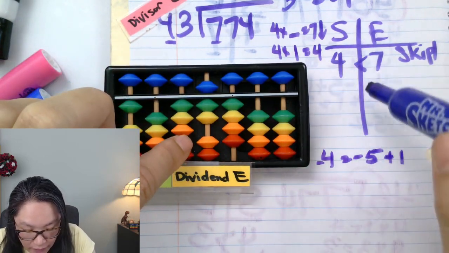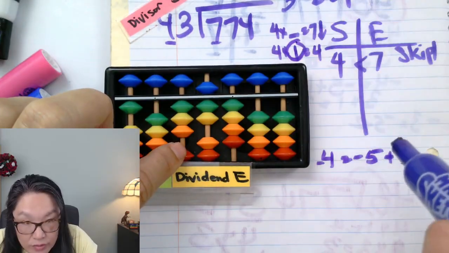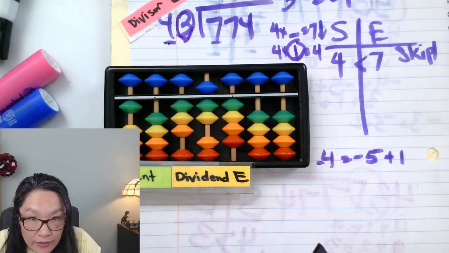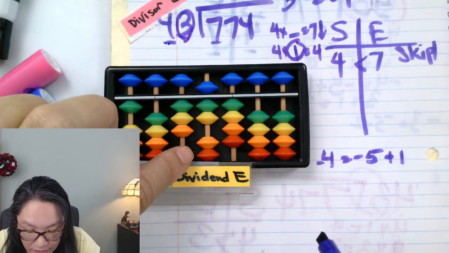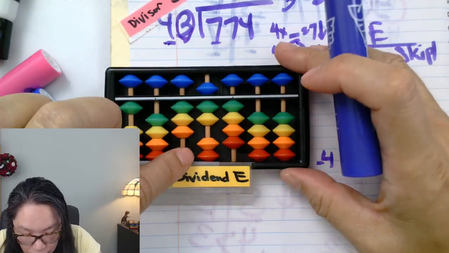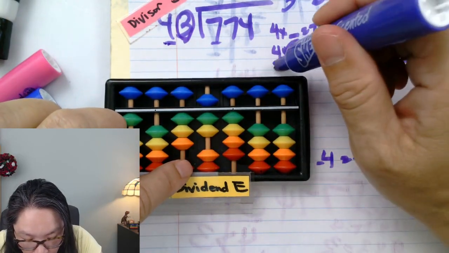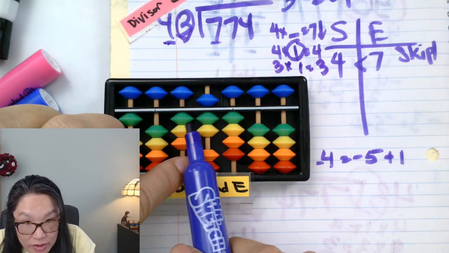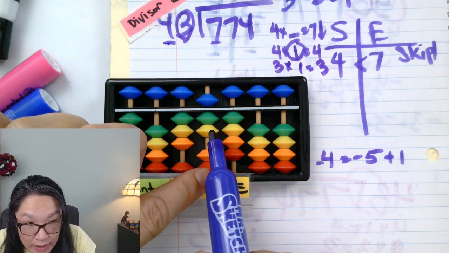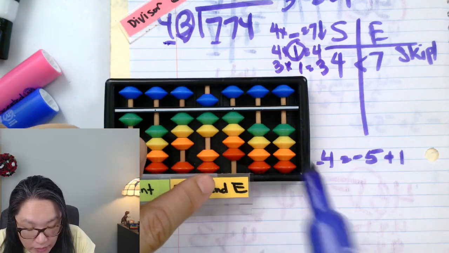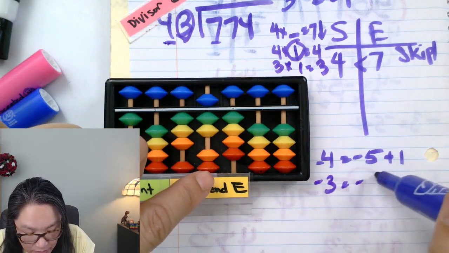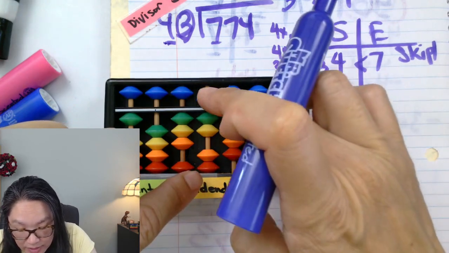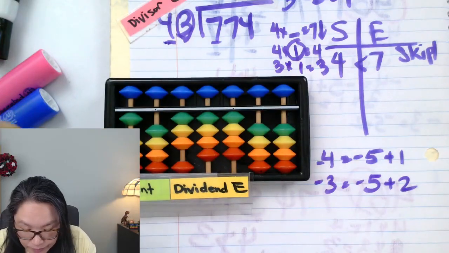And then whatever I do to the first, I got to do it to the second divisor, right? You can't just leave that divisor hanging. So 3 times 1 is equal to 3. 3 is a single digit. I have to go back and take away the 3. I cannot take away the 3, so minus the 3 is equal to minus the 5 plus the 2.